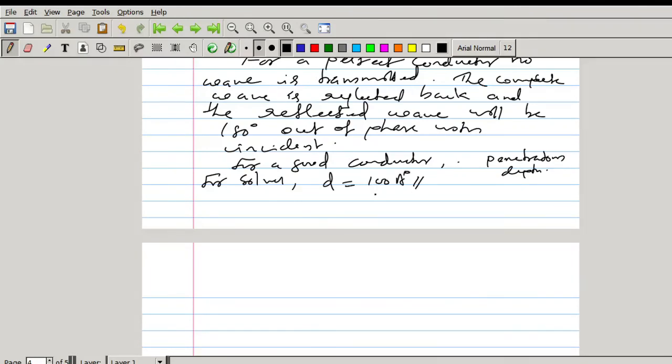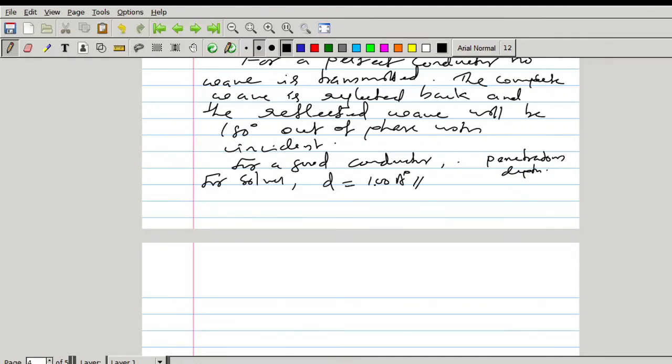That means you can use silver as a coating for a mirror for reflection. You need to make the reflecting coating very thin, because only 100 angstrom is required. Beyond that, the wave cannot penetrate. So you need only 150 or 200 angstrom thickness, and then you can have complete reflection from such a surface.